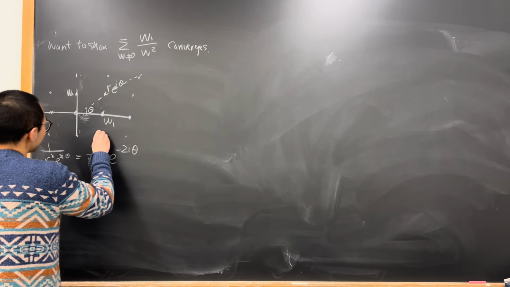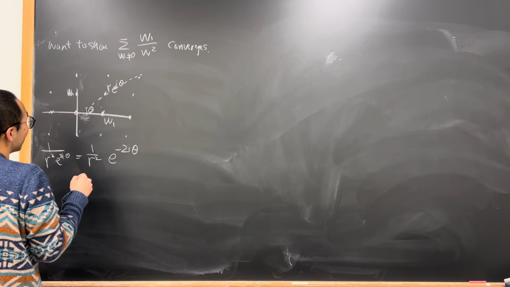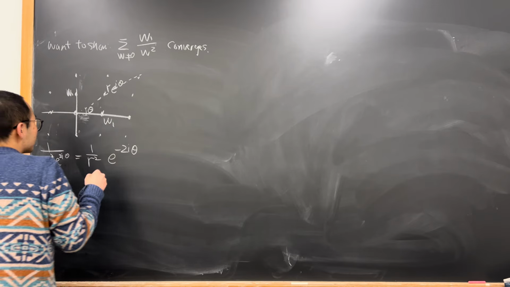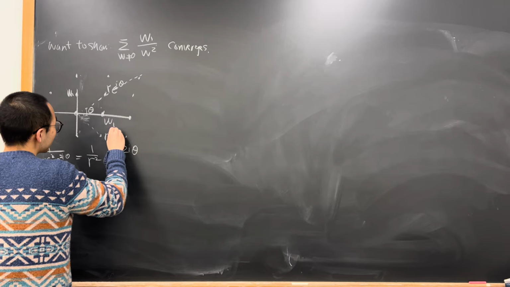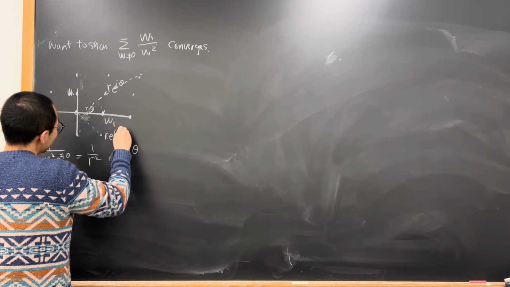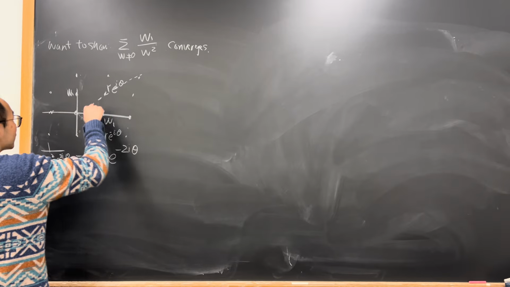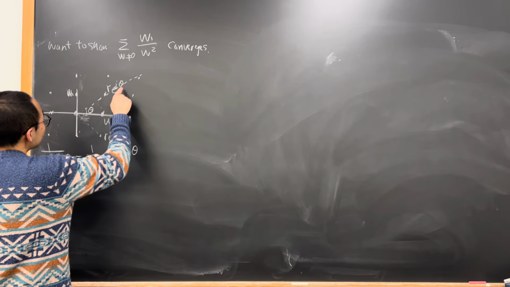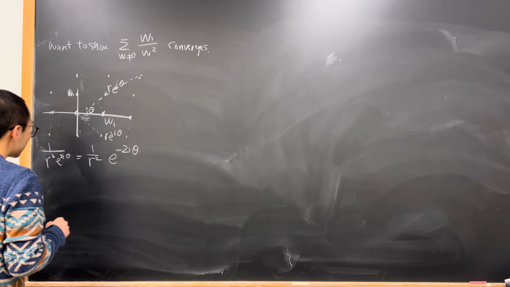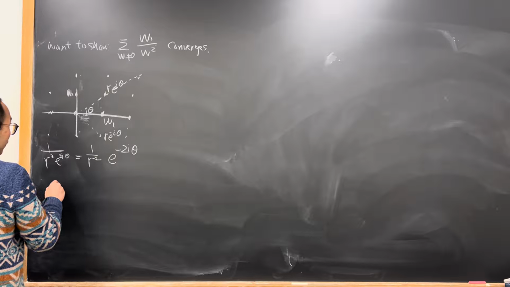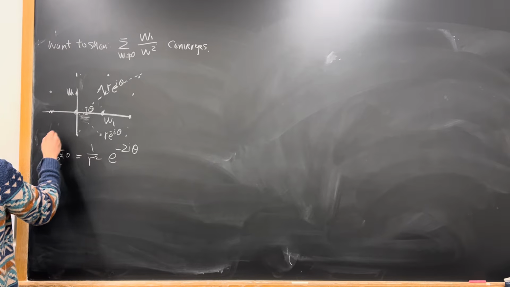Okay, let's think about this one. Actually it has the same radius, so it is r e to the i negative theta. Let's just assume that this theta is this theta. Then this point we take as the point A, so this is 1 over a squared.